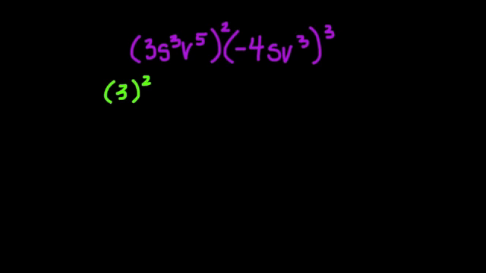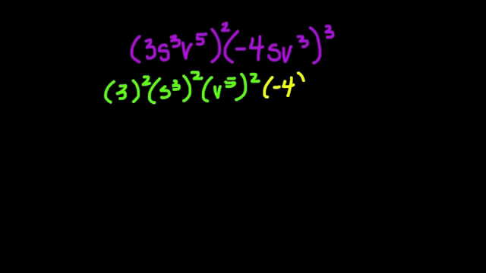So that would be 3 to the second, s to the third to the second power, and then v to the fifth to the second power. And again, I'm going to combine those in just a second. Let's break down the second parenthesis too. So that's negative 4 to the third power, s to the third power, and then v to the third power.